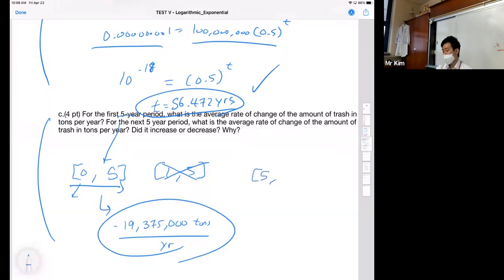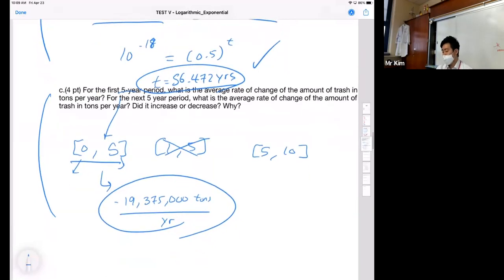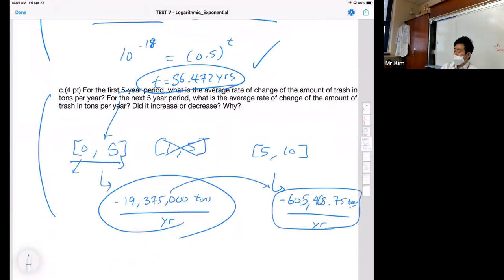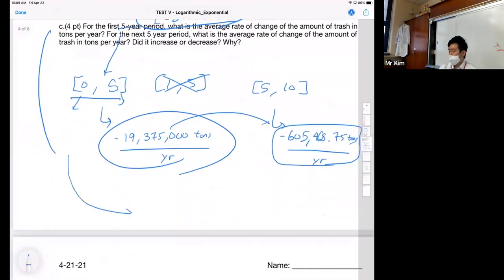Then the next set of years, from 0 to 10, you're doing the slope y2 minus y1 over x2 minus x1. I get negative 605,468.75 tons per year. So obviously, it's a significant decrease because if you think about it, it's an exponential decay.